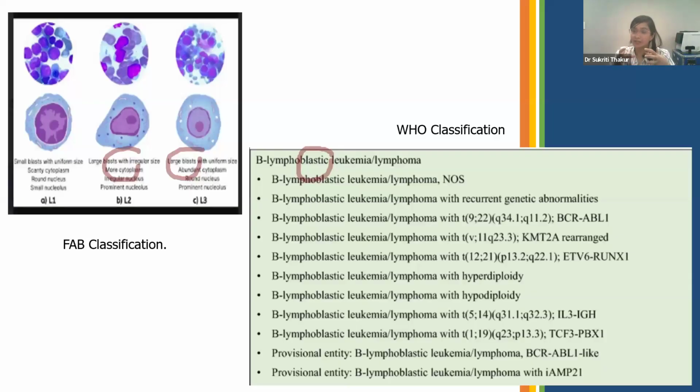The cytoplasm will be moderate and may sometimes have vacuolation. But the L3 blasts are very large blasts. Again, they will be full of cytoplasmic vacuolation, and they are more commonly seen in Burkitt lymphoma. So for now, if we are focusing on B-ALL, we will be seeing more L1 and L2 type blasts.